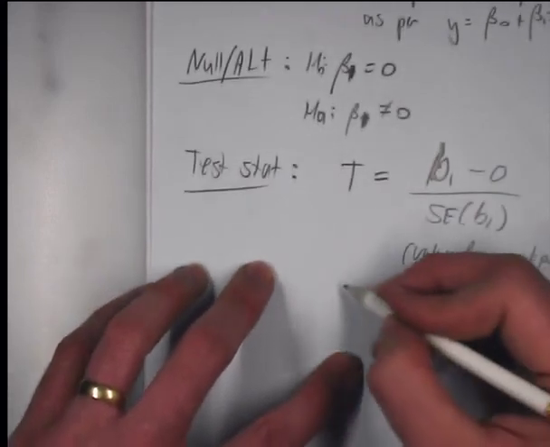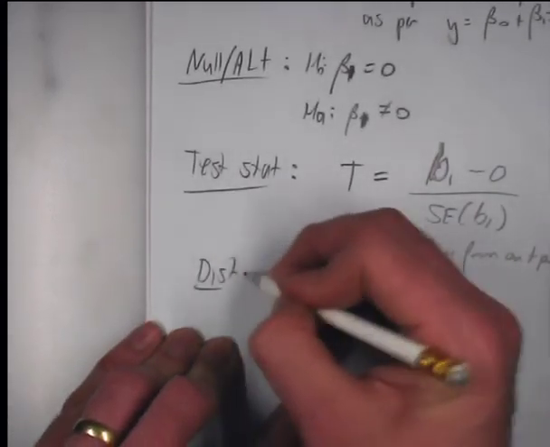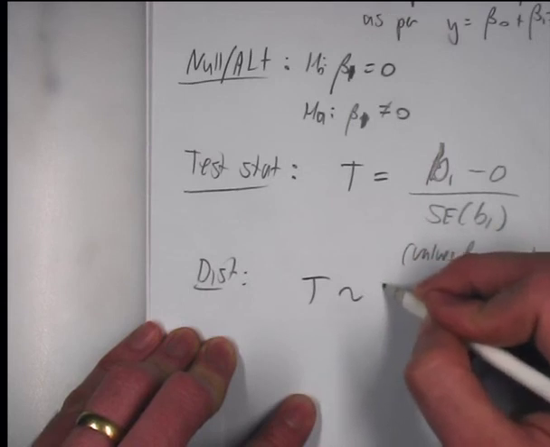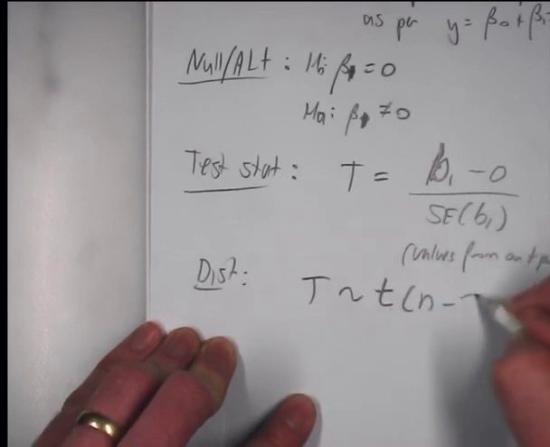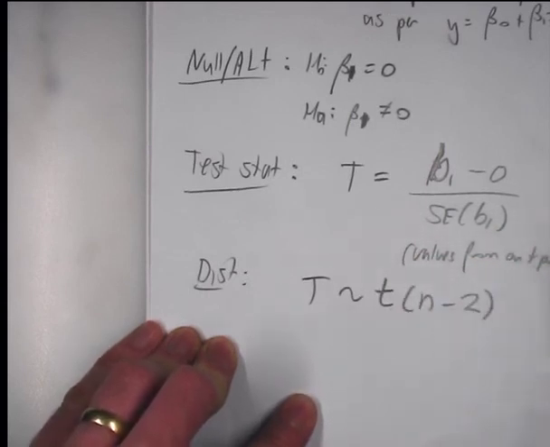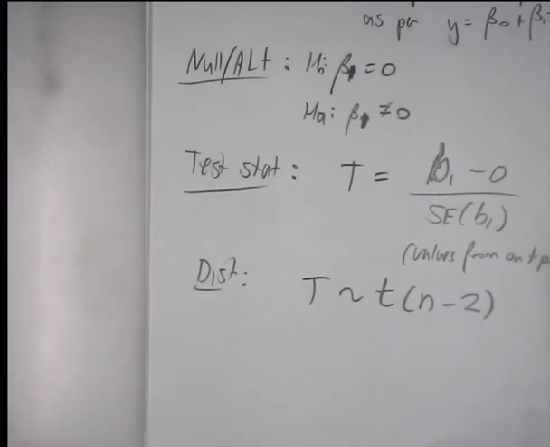And here's the key. The distribution is that t is distributed according to a t distribution with n minus 2 degrees of freedom. So for an ordinary t-test, it's n minus 1. For regression, it's n minus 2.